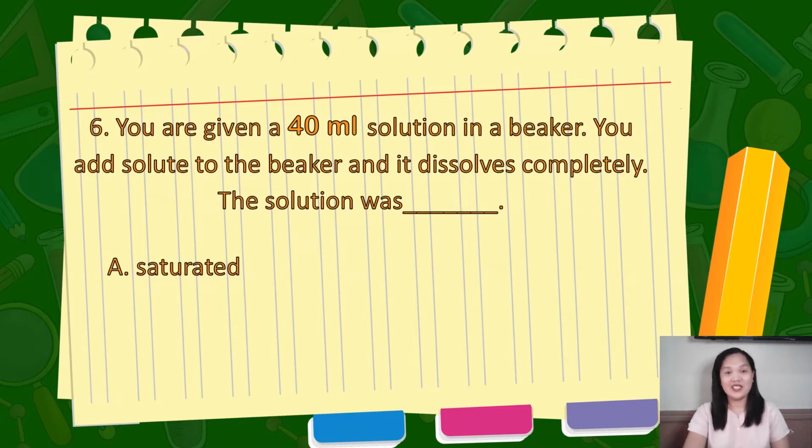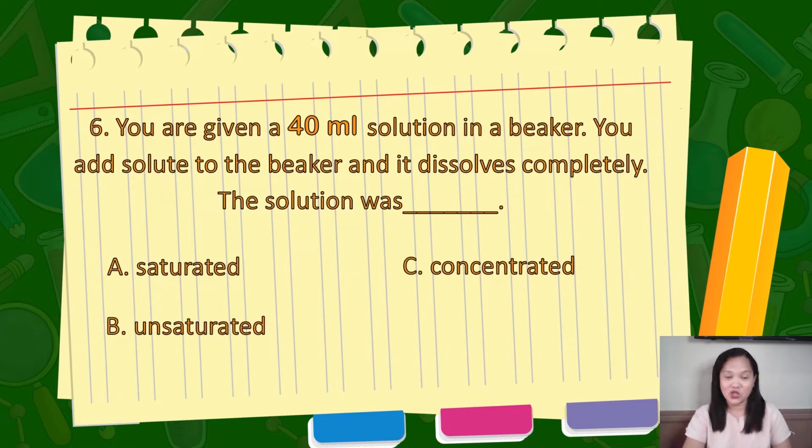You are given a 40 ml solution in a beaker. You add solute to the beaker and it dissolves completely. The solution was A. Saturated, B. Unsaturated, C. Concentrated, D. Supersaturated.